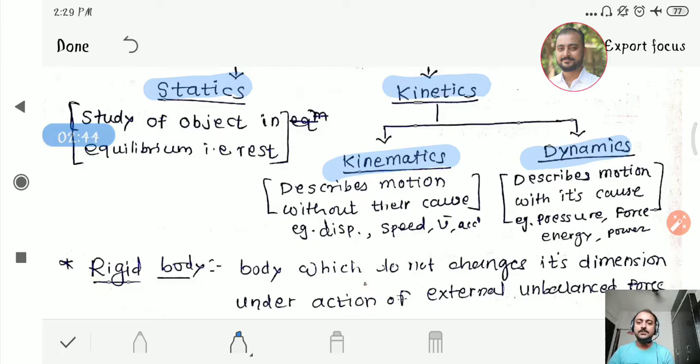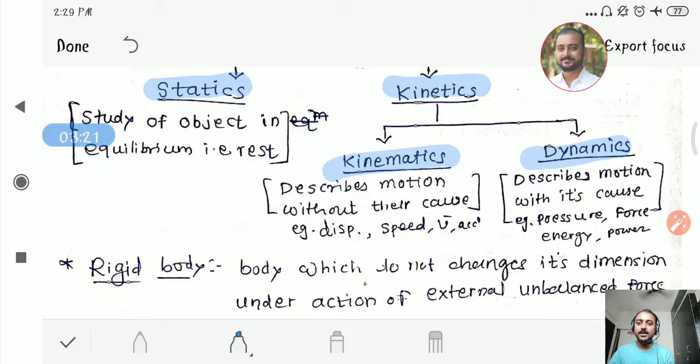It means when an object is performing some motion, moving on a road with a certain velocity, at that time we are not interested in why that object is moving with a speed of 100 km per second. What are the reasons behind that? We are not interested there. We are just interested in studying the displacement of that object, how much the speed, velocity, acceleration are, like this. We study these parts under kinematics.